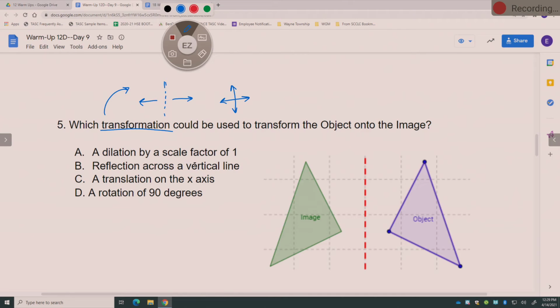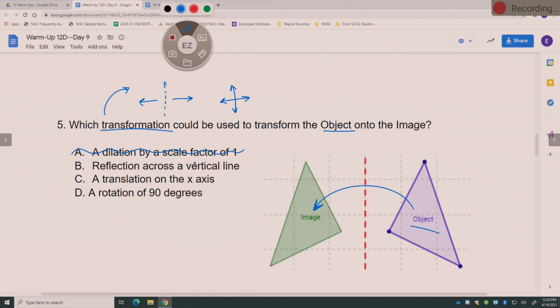So we're looking at what transformation would transform the object into the image. Well, we look at the object and the image and we realize they're the same size. So a dilation is not what was used.